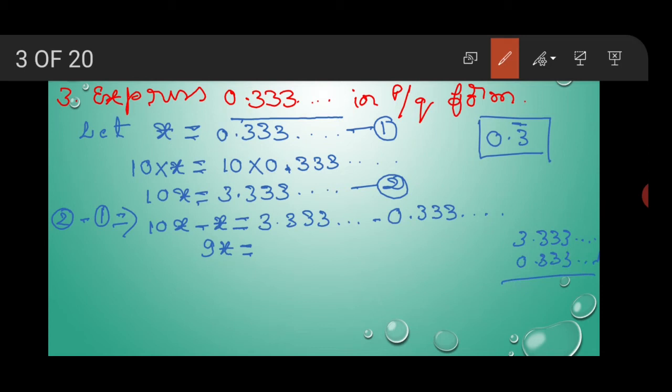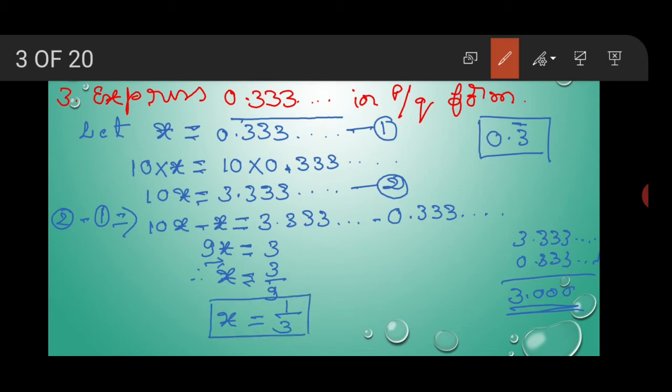What is the answer? Subtract, you will get 0, 0, 0, and 3 minus 0 is equal to 3. So 3.0 is 3 itself. So 9x is equal to 3. Carrying 9 to the right hand side, it becomes divided by 9. So x is equal to 3 divided by 9, which is 1 divided by 3.